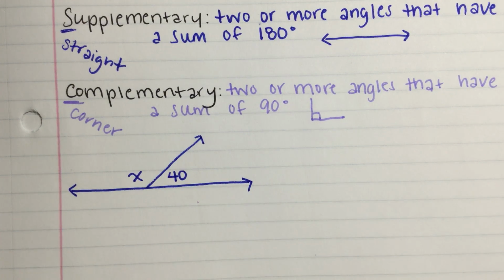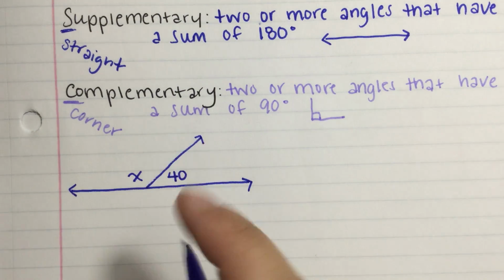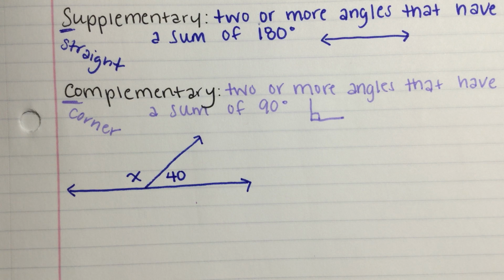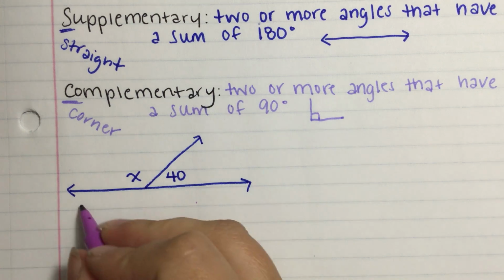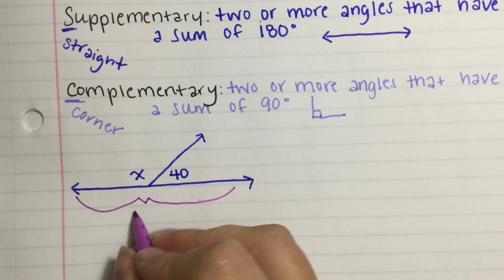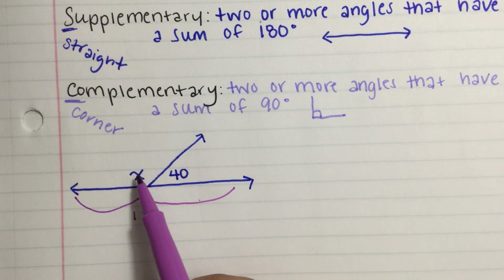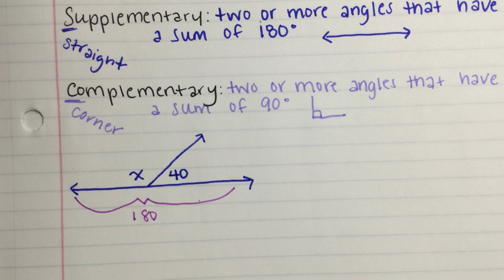And so I could do the math in my head. If this whole thing is supposed to be 180, and I already know that this section's 40, what I need to do to solve for this one is find the difference. Or we can write an equation, which is what we just spent a couple weeks doing.